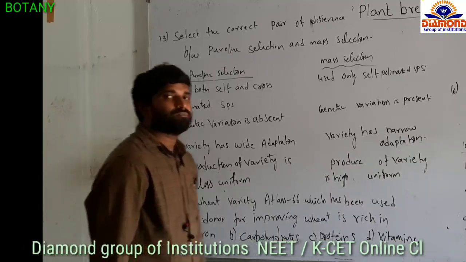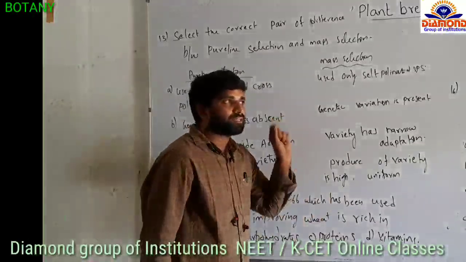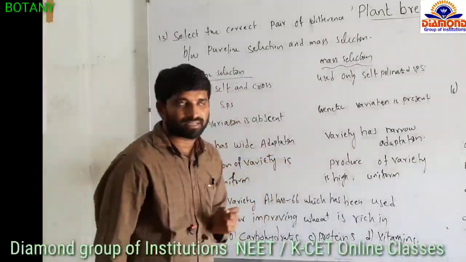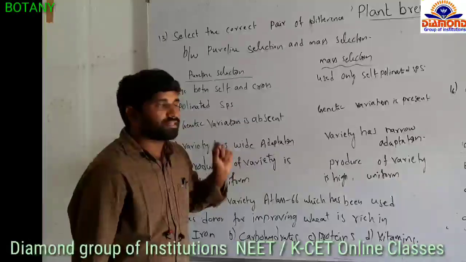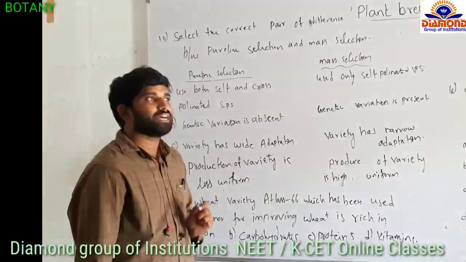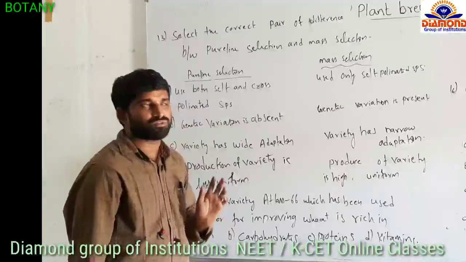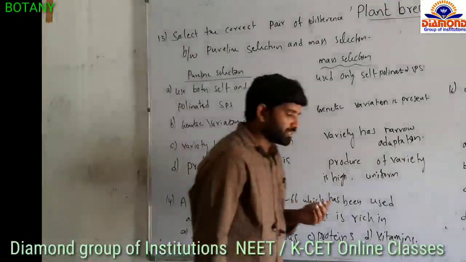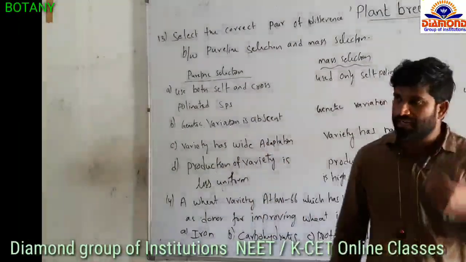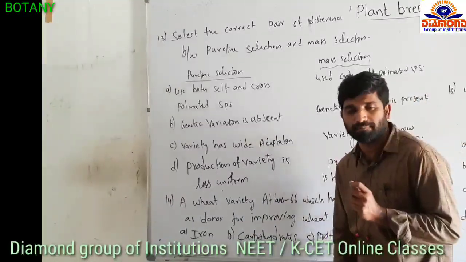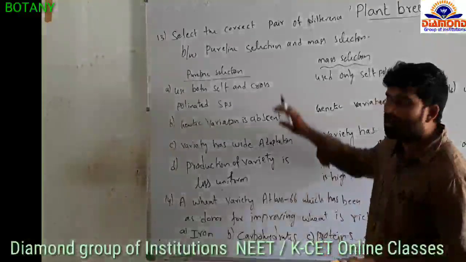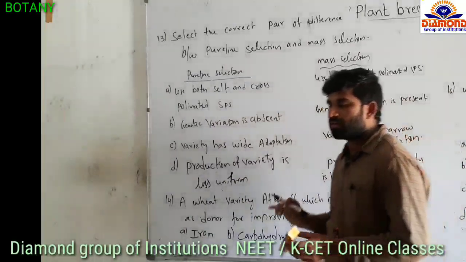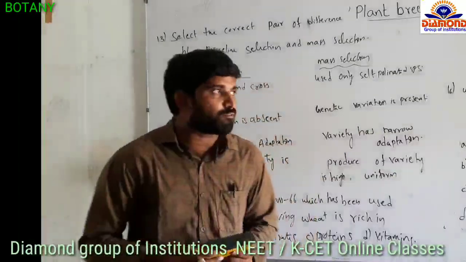In the steps involving plant breeding, we have to select the parent. The parental plants should be developed from self-pollination only. Self-pollination means the parental plant characters are also seen in the offspring.